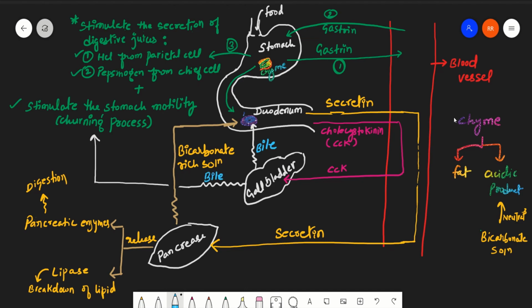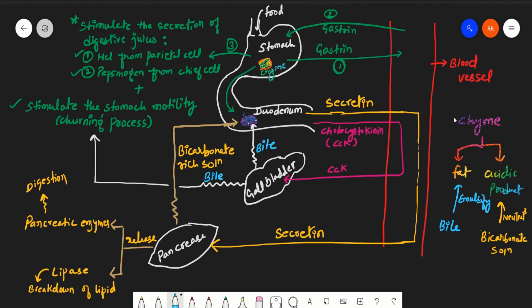So bile will do two things. First, bile will emulsify the fats. It will break the larger fat globules into smaller fat globules.